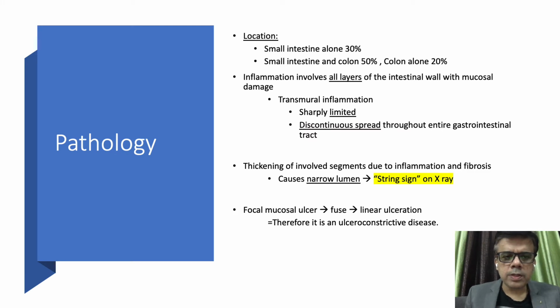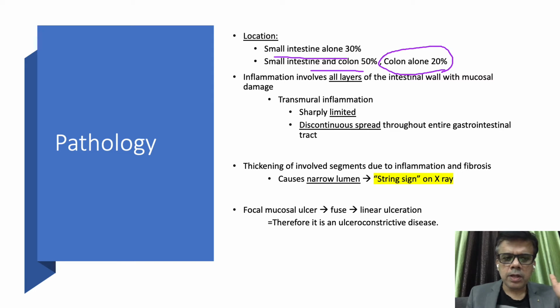So Crohn's disease affects the small intestine in the majority of cases, in a few cases both small intestine and colon, and very rarely you will see that only the colon is involved. That is the domain of ulcerative colitis, not Crohn's disease. Inflammation involves all the layers, so it is characteristically a transmural inflammation. It is sharply limited, and there is discontinuous spread.